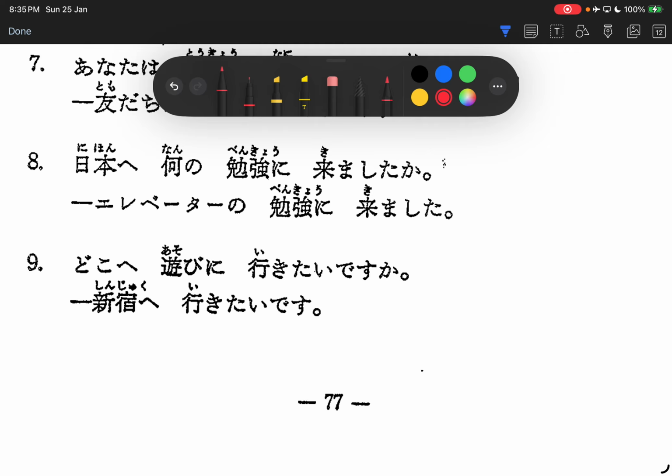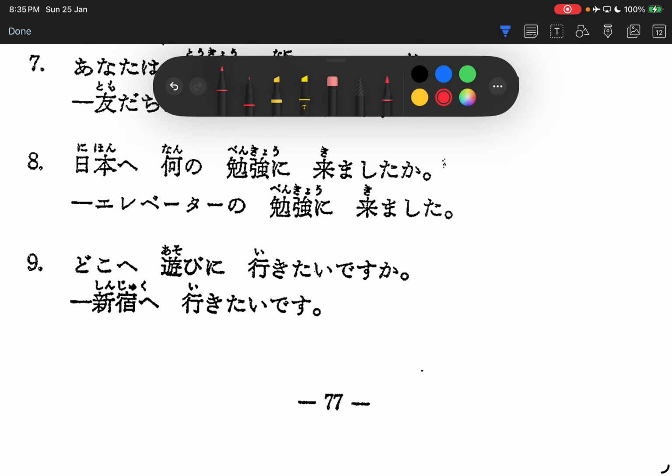Number 9. どこへ遊びに行きたいんですか？ Now we combine the ni and the tai form. So 遊びに for the purpose of playing, 行きたい want to go. So for the purpose of playing, want to go ですか？ So どこへ, to where for the purpose of playing you want to go.